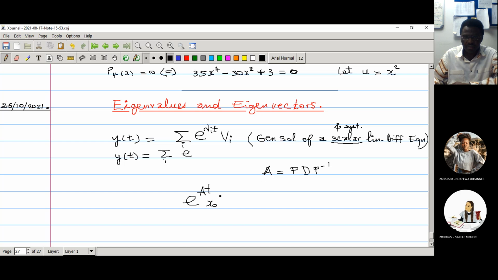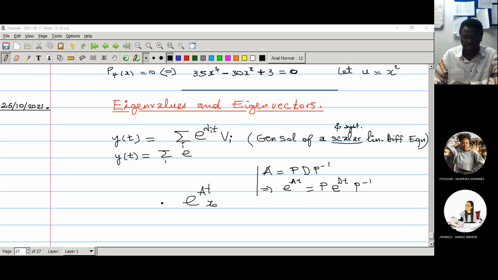Now, if you want to compute the exponential of this, multiplied by a certain t, it will be P times the exponential of D times P inverse. You know this from linear algebra.